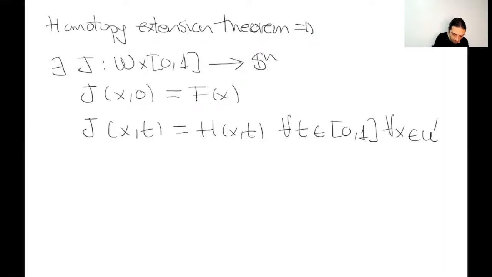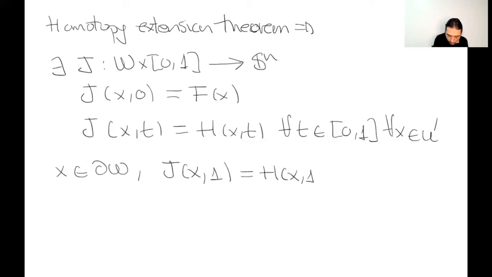In particular, what we get is that when x belongs to the boundary of W and t is equal to 1, then J of (x,1) is equal to h of (x,1), okay?